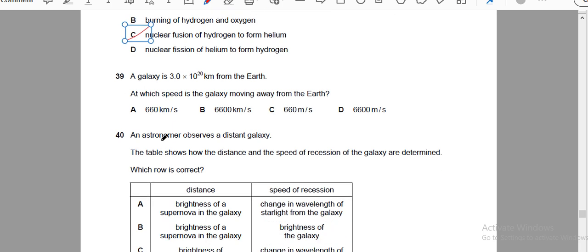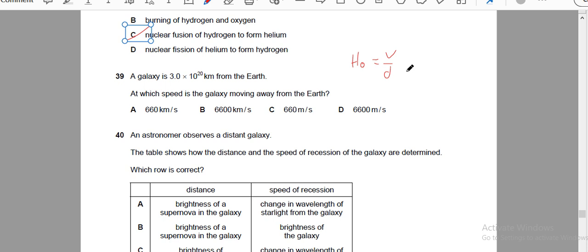Galaxy is at a distance from Earth, at which speed does it move away? Should remember Hubble's constant, which has a unit of second minus 1. And it relates velocity and distance, so it is velocity over distance. I remember the law this way.